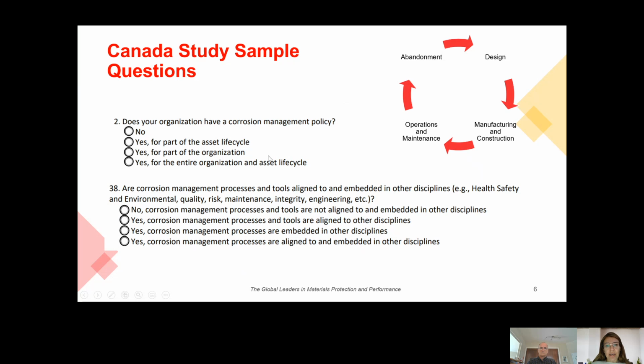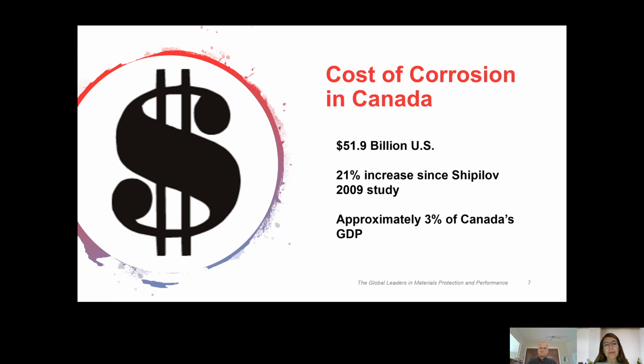Does your organization have a corrosion management policy? Yes, no. Is it written? Is it not written? Is it for the whole life cycle of an asset? Is it for just a little bit of the organization, or for the whole organization? Those were things that the people who answered the survey had to think about and then answer.